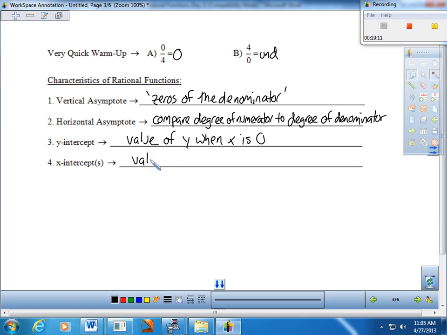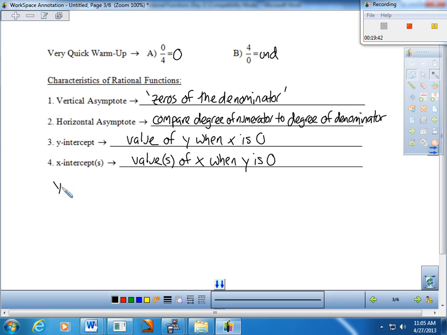We've talked about x-intercepts on a variety of functions, and very simply, it's the value or values of x when y is 0. Of course, just know in the coordinate plane, it hits that x-intercept when the y value is 0. So what does that mean, though, in a rational function? So that's what's kind of interesting about this piece. And I'm just going to put up an example very, very quickly so you can think about it, but then I want to elaborate in a little more detail here.